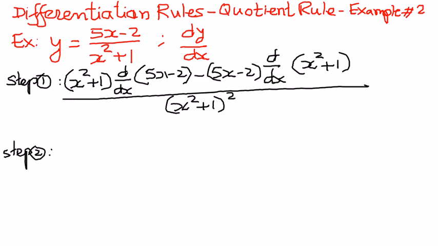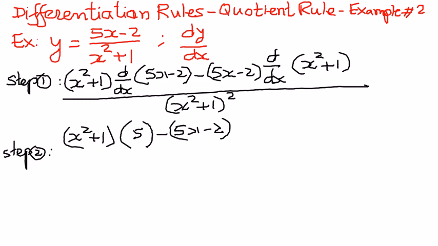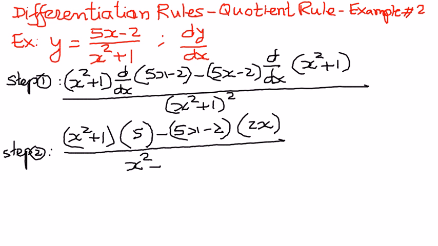In here, x to the power of 2 plus 1, and if we were to take the differentiation, d by dx of 5x is going to be equal to 5, d by dx of negative 2 is going to be equal to 0, so I don't need to write that, minus 5x minus 2, then d by dx of x to the power of 2 is going to be equal to 2x, and d by dx of 1 is going to be equal to 0, so therefore we need not write that. So the whole thing divided by x squared plus 1, this whole thing raised to the power of 2.